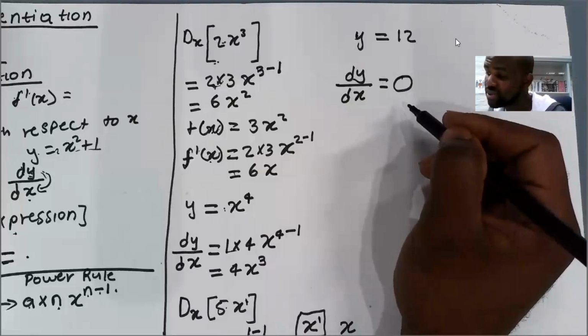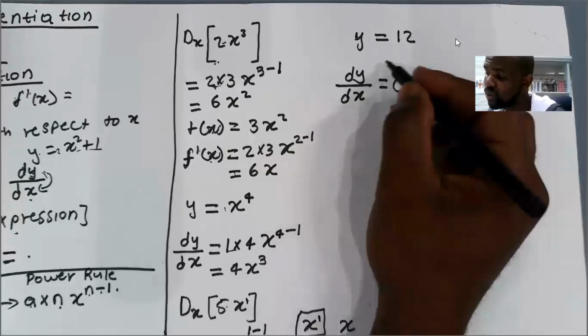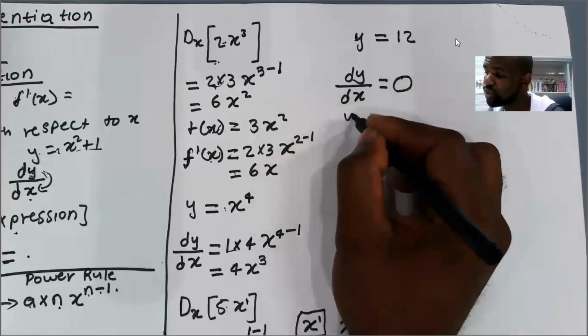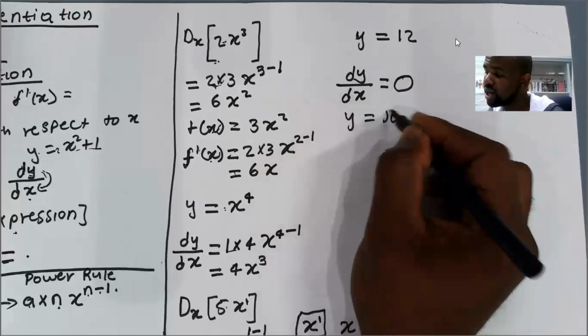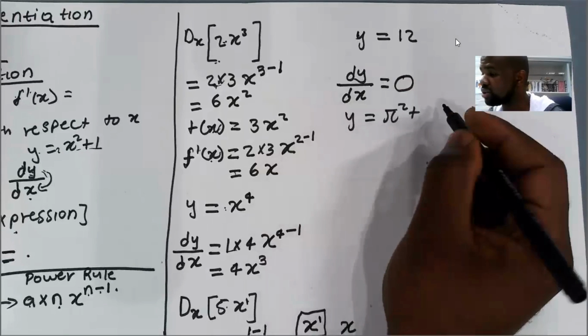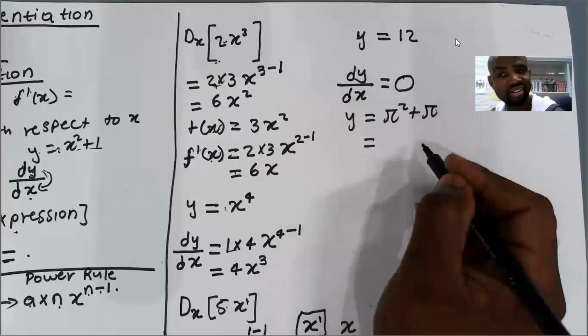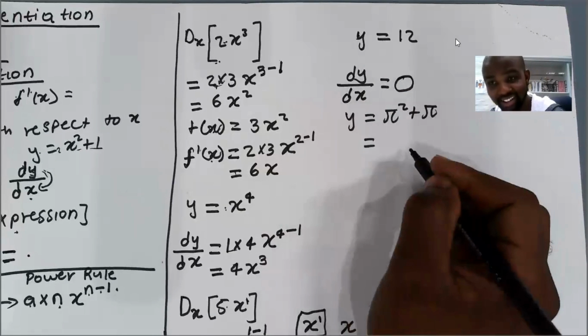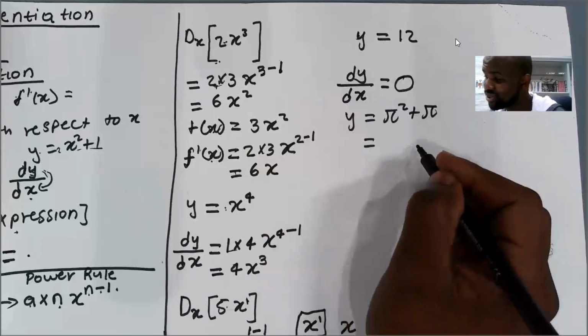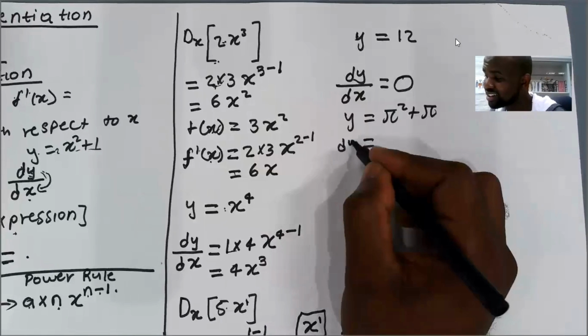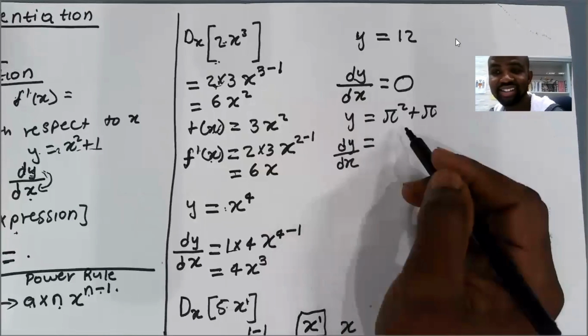And sometimes they will say y is equal to pi squared plus pi. Guys, dy over dx. Pi is just a number.